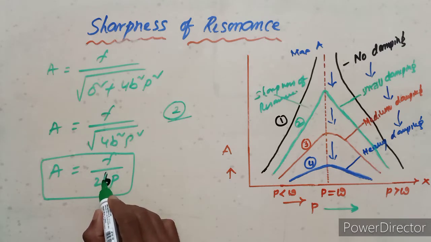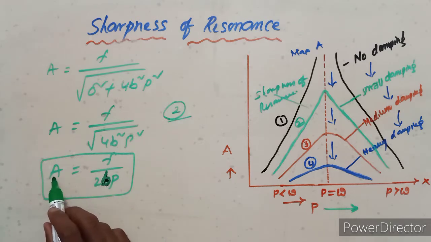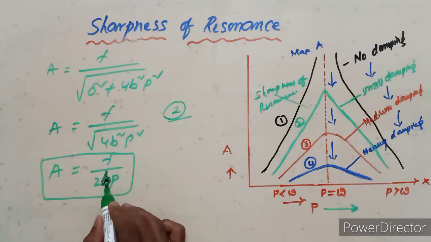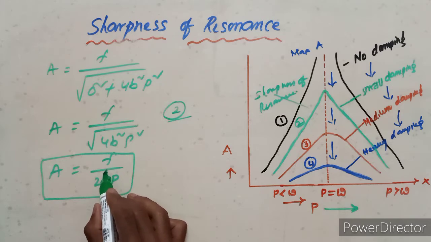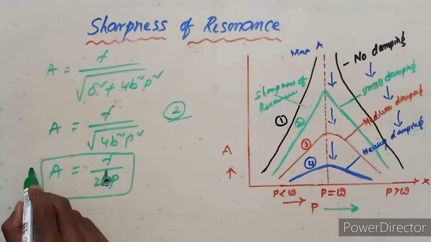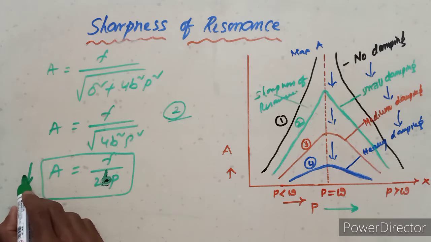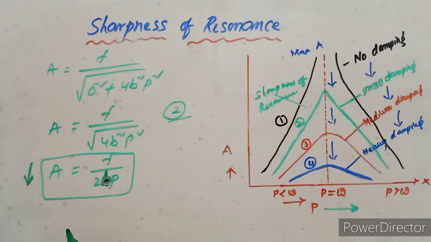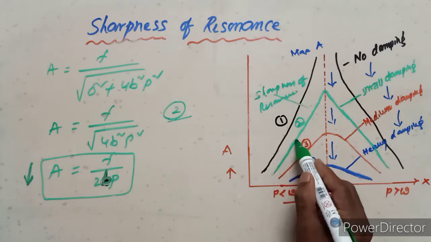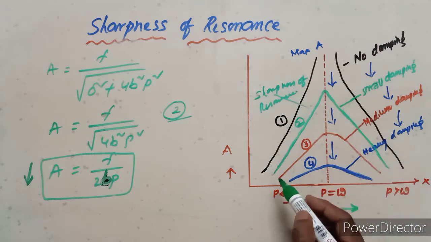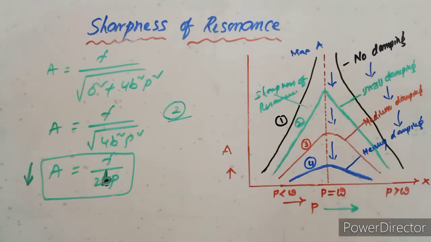So b is small, and the amplitude decreases. The resonance is very sharp compared to the other cases.